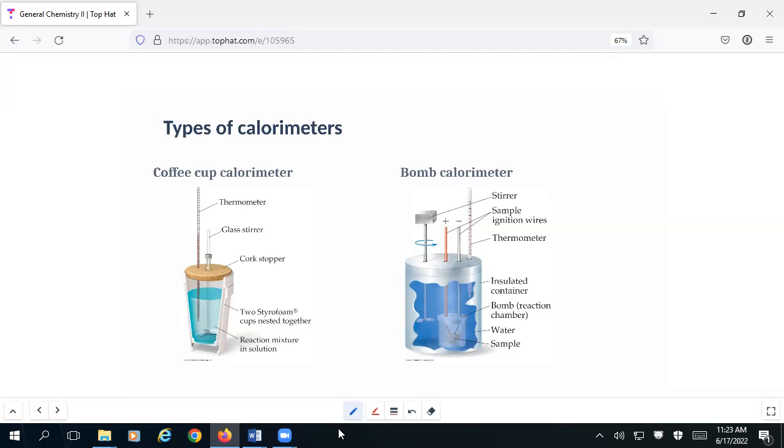And the reaction vessel itself is usually a vessel inside of the vessel that is surrounded by water. And so what we do is we measure the temperature change in the water and use that to calibrate the calorimeter itself.